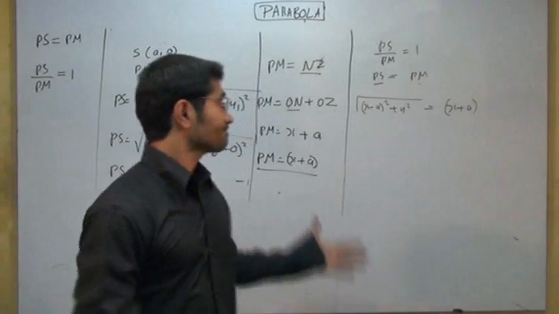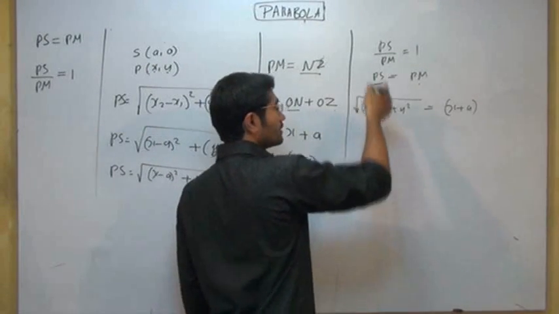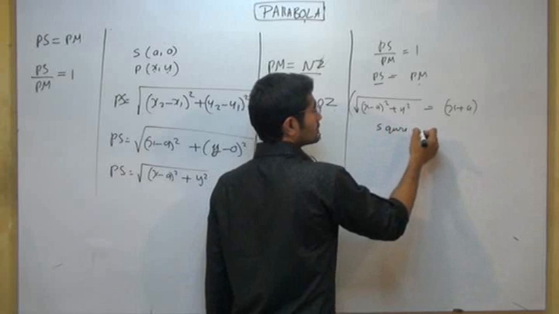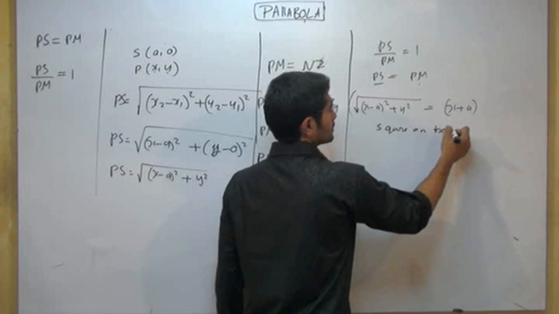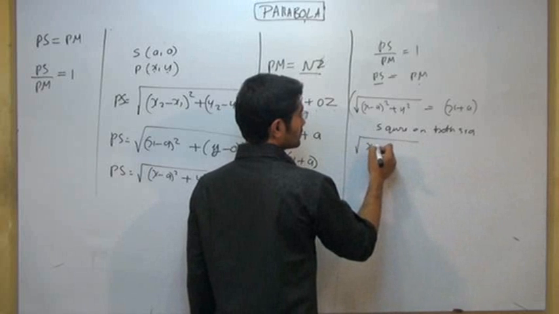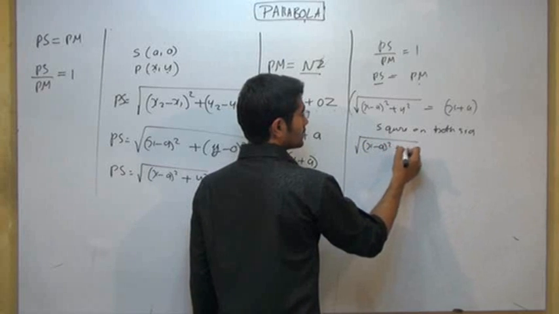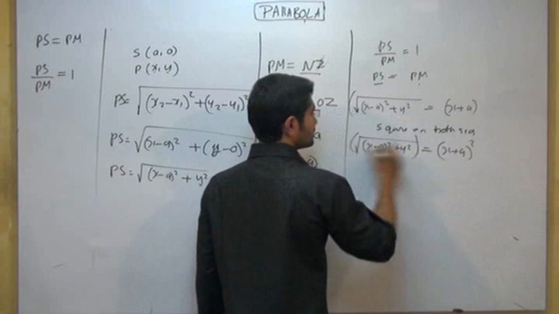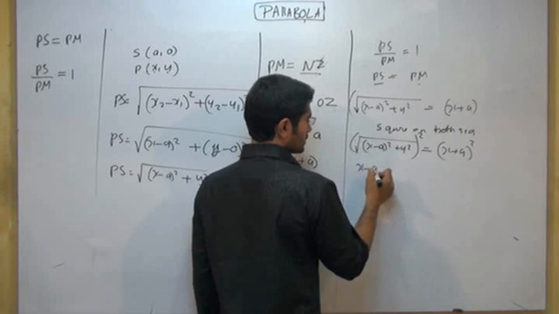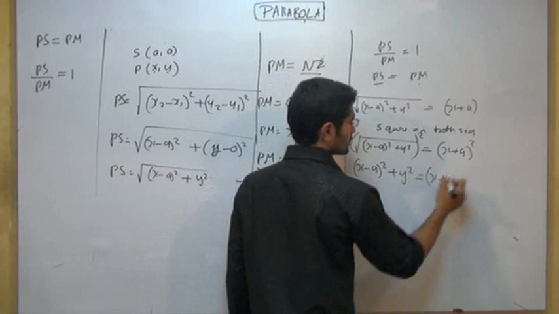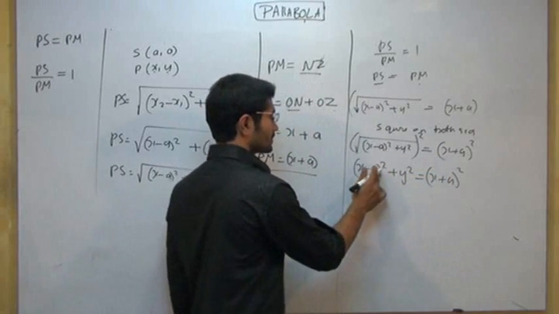Now what is the next thing? Whenever I have a square root, I do what? I try to square on both sides. So I can write (x minus a) whole squared plus y squared equal to (x plus a) whole squared. Can I open the brackets now?